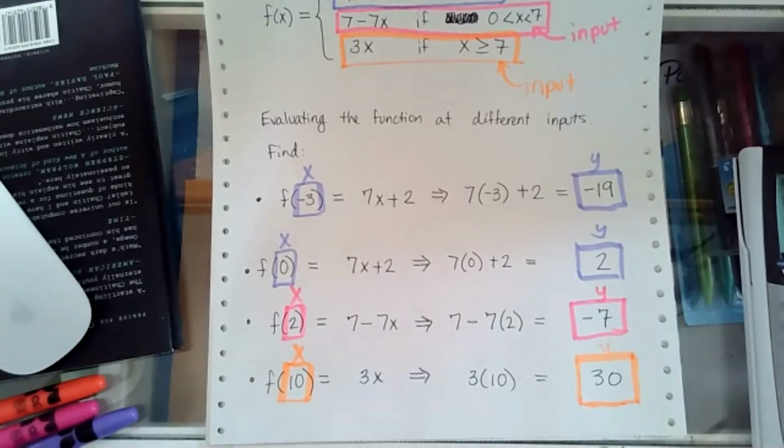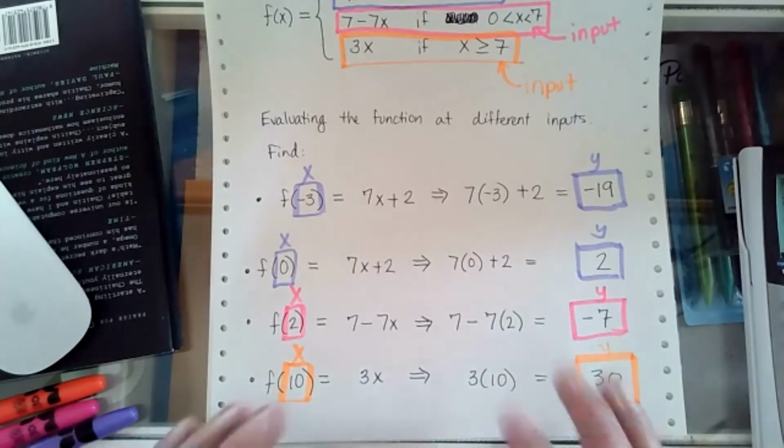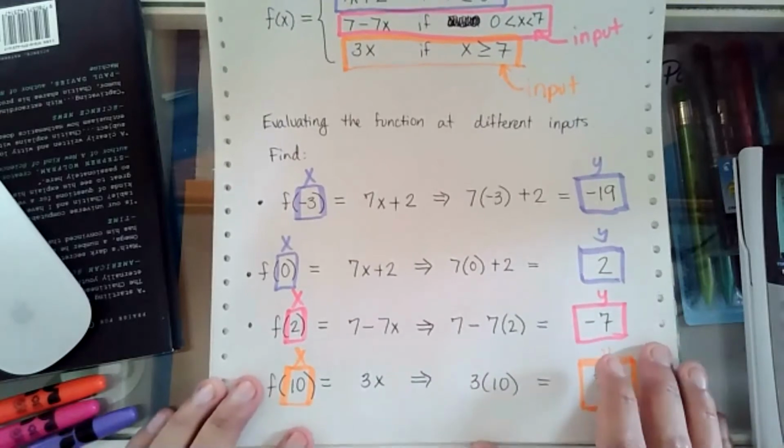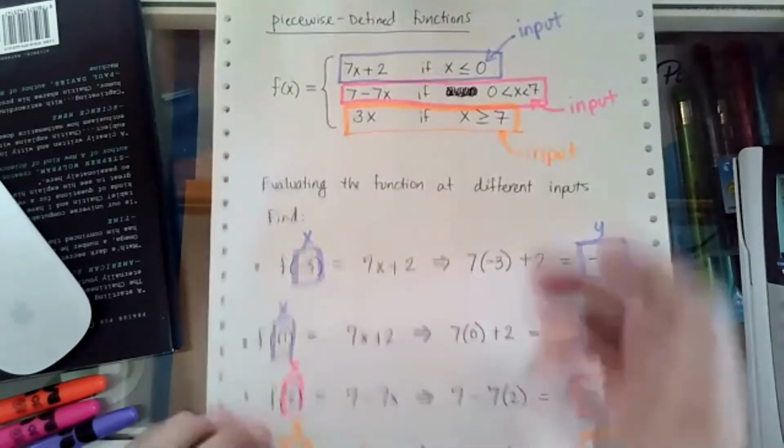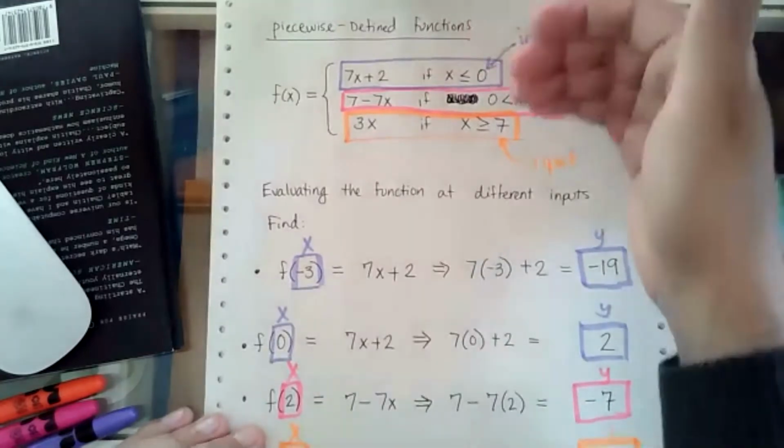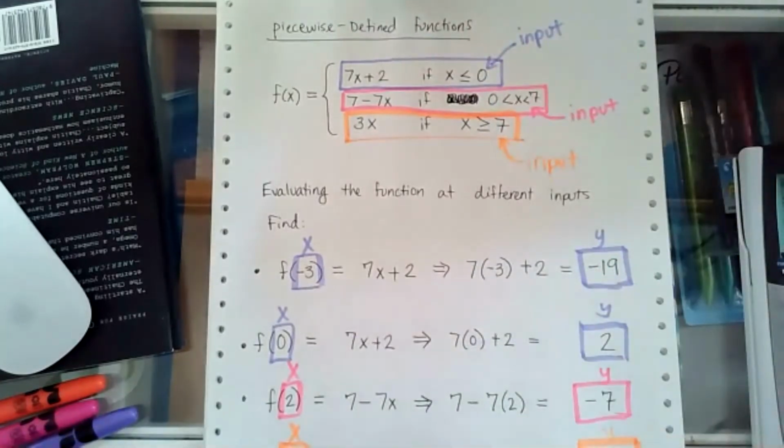So knowing that, you could sort of imagine where we're going here. We're going to graph this thing. And just as a preview, because we have 1, 2, 3 sections or equations that make up this one function, our graph is going to have 3 parts.